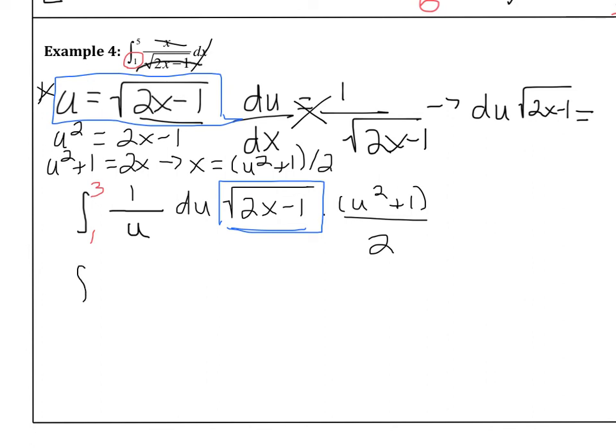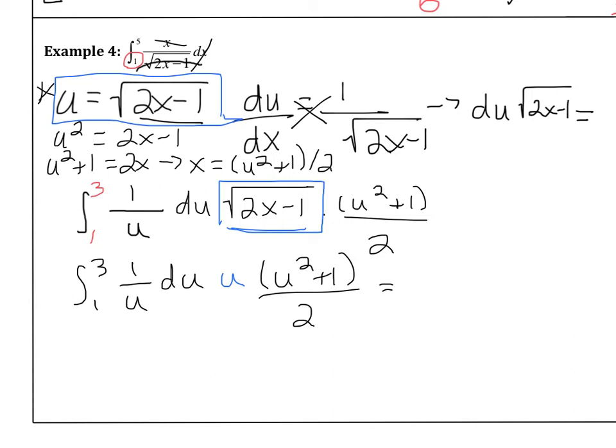From 1 to 3, we'll have 1 over u du. Now, instead of my root 2x minus 1, I can just write a u. And then the rest of it, u squared plus 1 over 2, and oh my goodness, we will so clean this up.